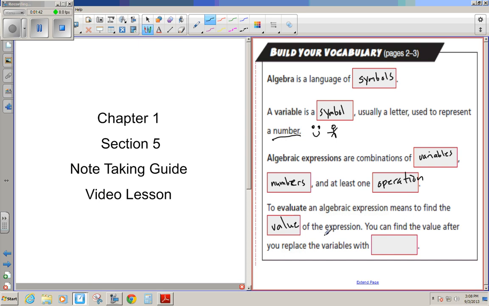And you can find the value after you replace the variables with numbers.